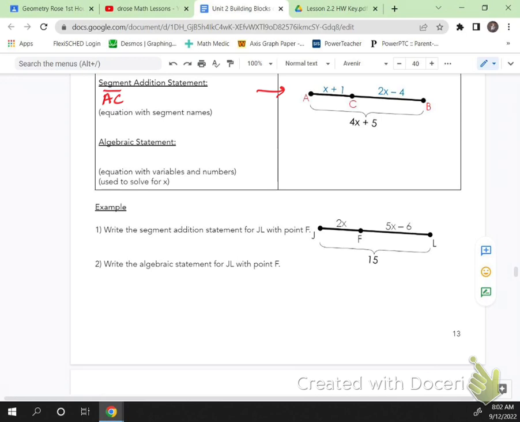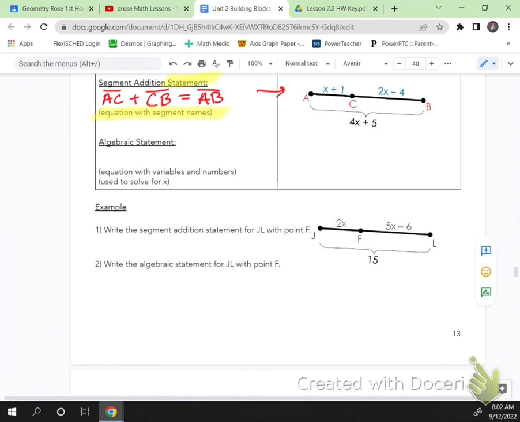What's the other piece? CB plus CB equals, what's the whole here? AB. So again, make note that this is just the equation with the segment names. So if I ask you to write a segment addition statement, this is what we're looking for.